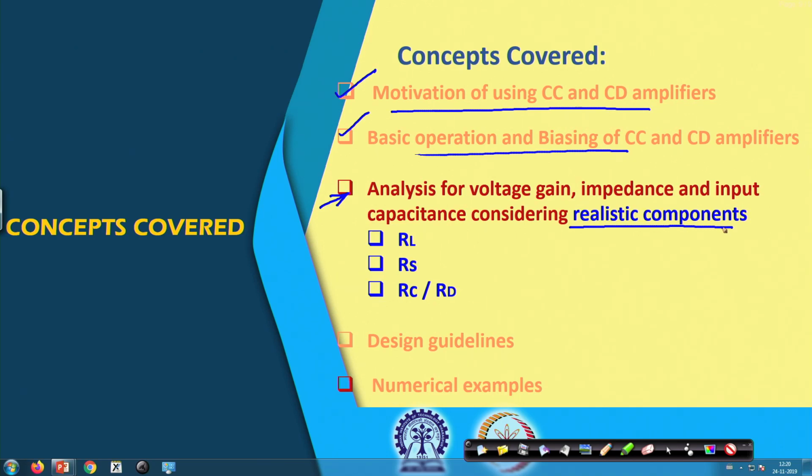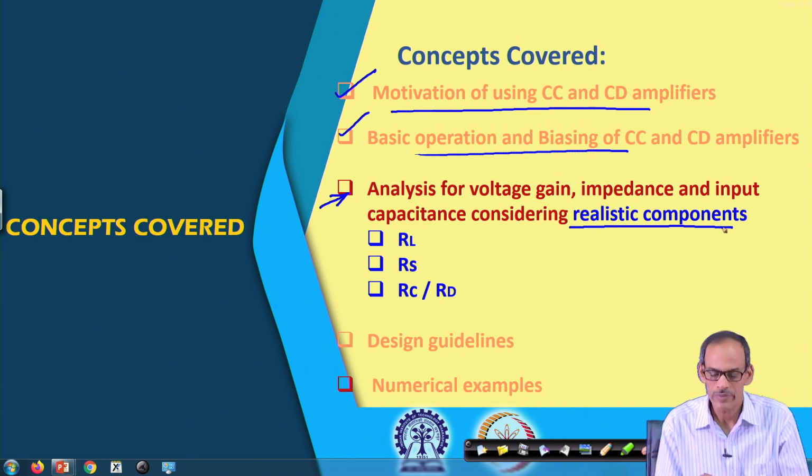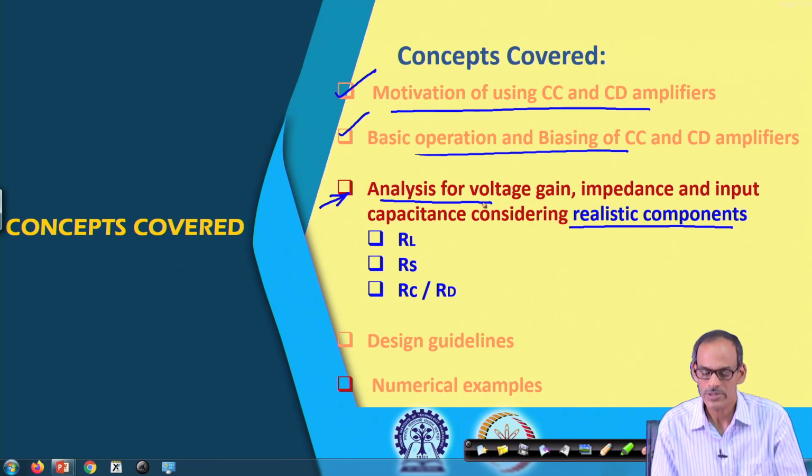In the previous class we analyzed the circuit for voltage gain, impedance and input capacitance ignoring these components, and today we are going to see what their consequences will be if we consider practical components.